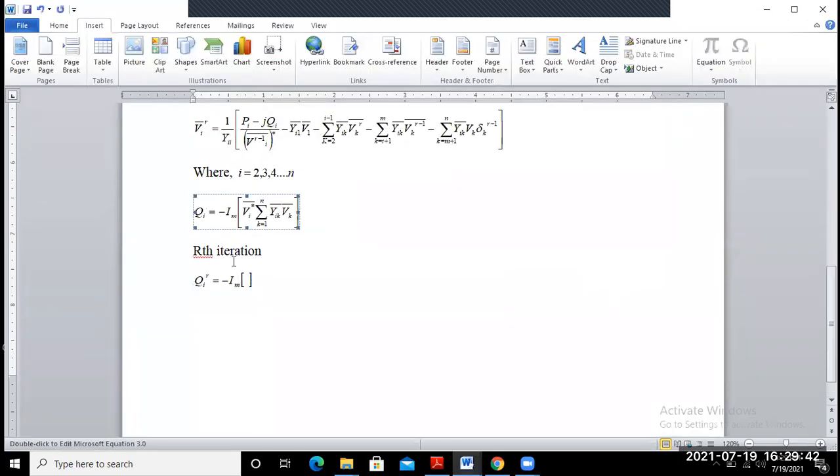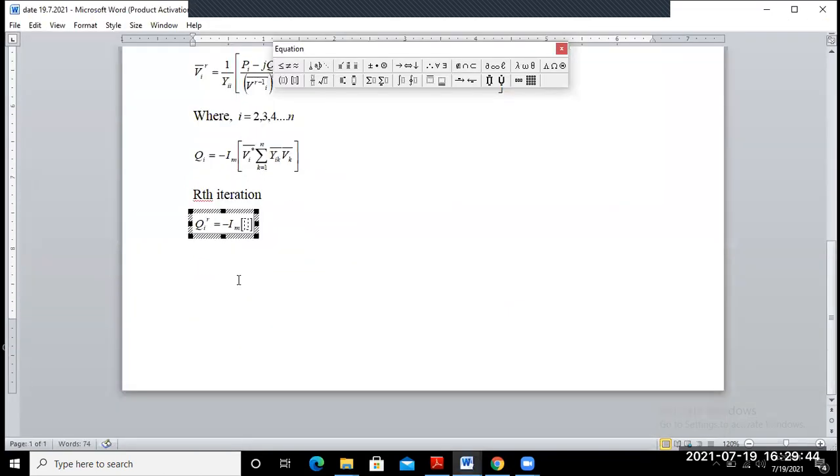Now we will just write down here V_i at an angle of minus delta_i to the power r minus 1.